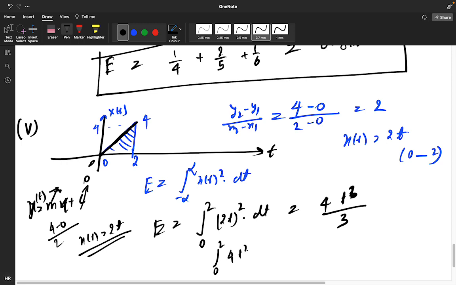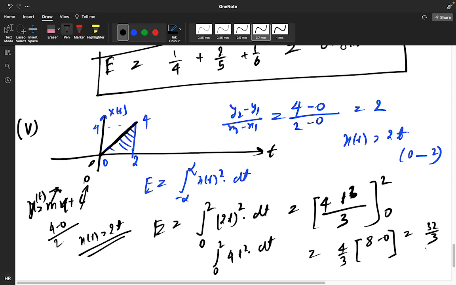So 4t square into dt; the integration of t square will be t cube by 3. Now put the limit 0 to 2. If you put the limit, how much will you get? 4 by 3 into 2 cube, that is 8, minus 0. So 8 fours are 32 by 3 you will get.